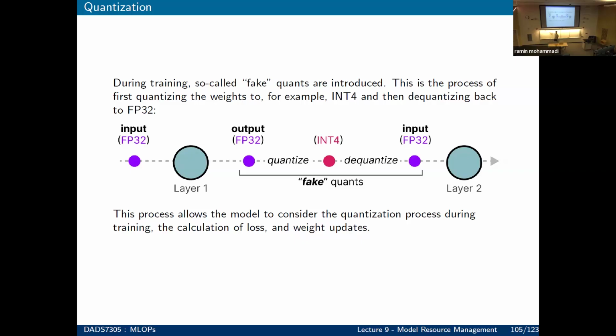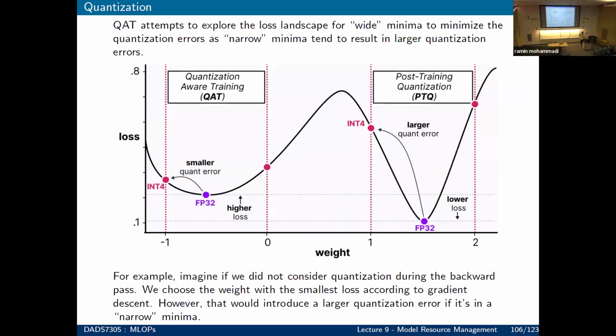You try to mimic the process of quantization happening, but it doesn't actually happen. Later you have a model, then you go back and quantize the model, and hopefully that works in the same way. So the quantization-aware technique focuses on two things compared to post-training quantization.